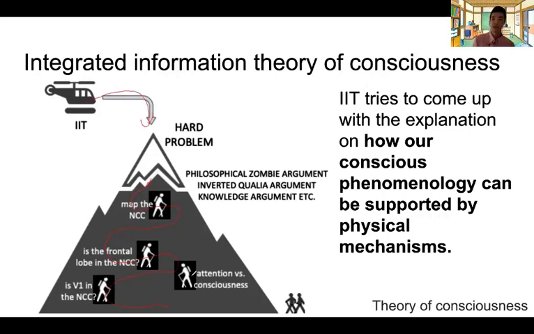Basically, what it tries to do is to come up with an explanation of how our conscious phenomenology can be supported by a physical mechanism. It's not the other way around. How our physical mechanism produces conscious phenomenology, that's the hard problem. However, how our conscious experience is supported by at least this kind of mechanism that satisfies this condition may be more amenable to explaining consciousness or approaching the hard problem. And eventually, this kind of approach may vanish the concept of the hard problem, possibly.